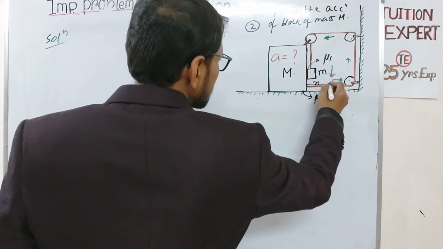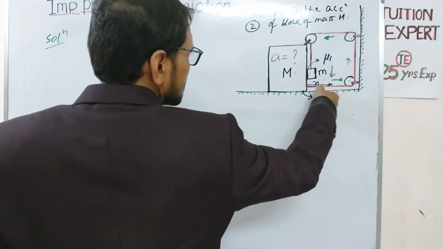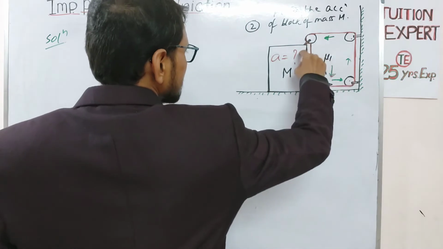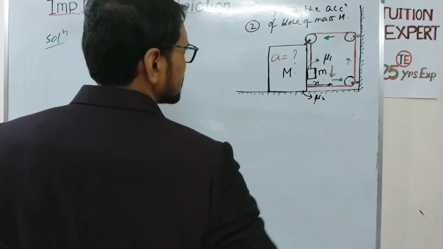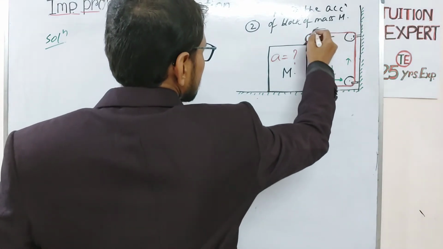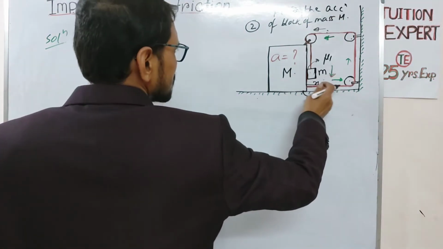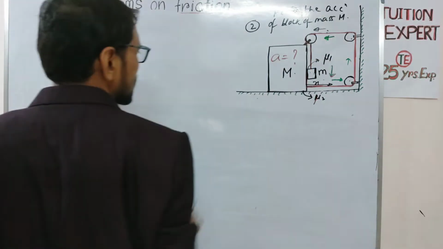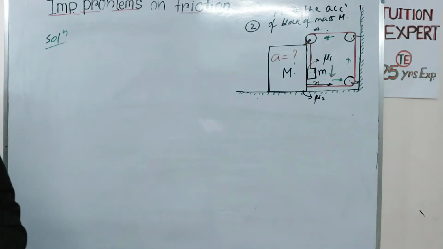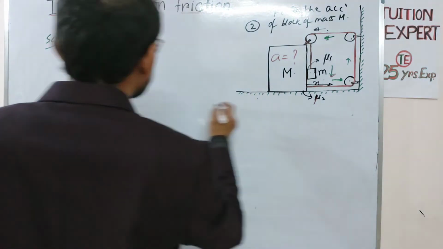If this block moves this distance x, then the string moves x. So the total length of string descending is x plus x, 2x.